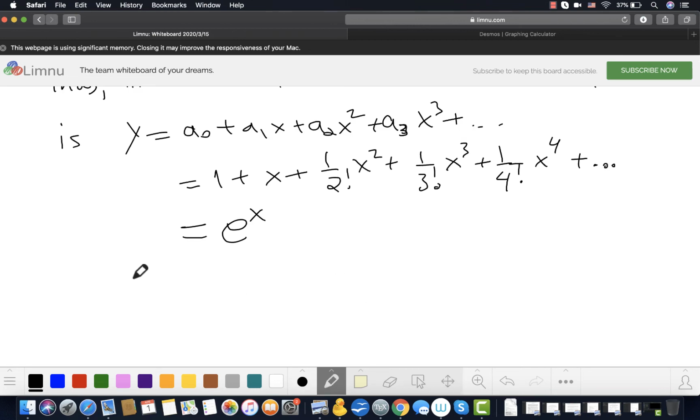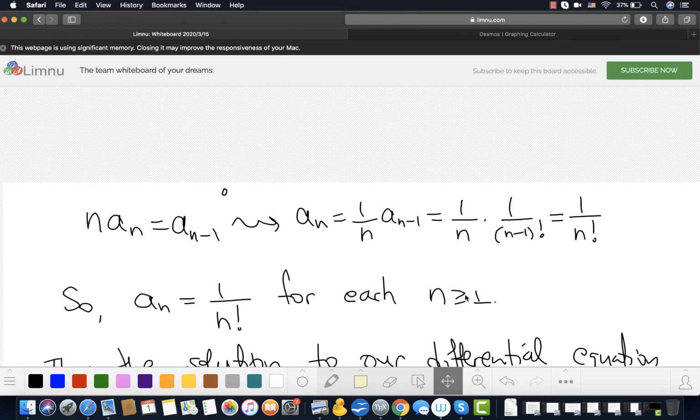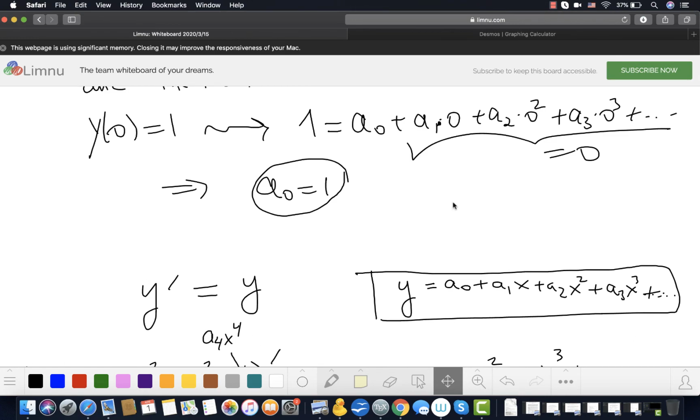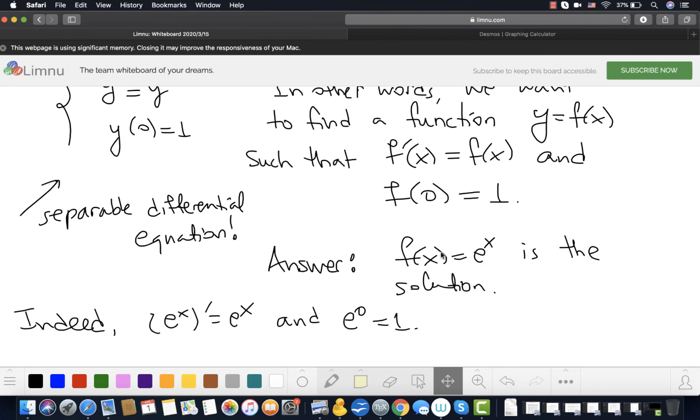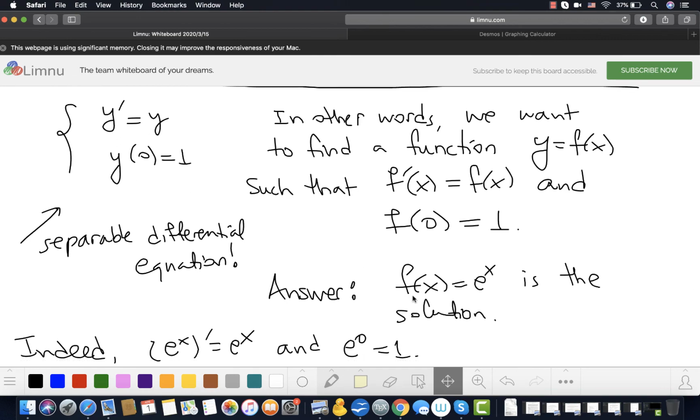So that's it. y equals e to the x is our solution, as was previously observed much earlier. As I said, e to the x is certainly a solution to this differential equation because it's its own derivative, and e to the 0 is 1.